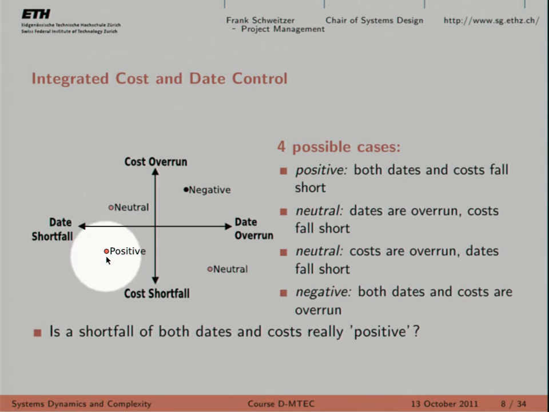Imagine you talk to your customer, and after you deliver, your customer sees that you delivered earlier, and it took you less money than planned. So what would the customer think?